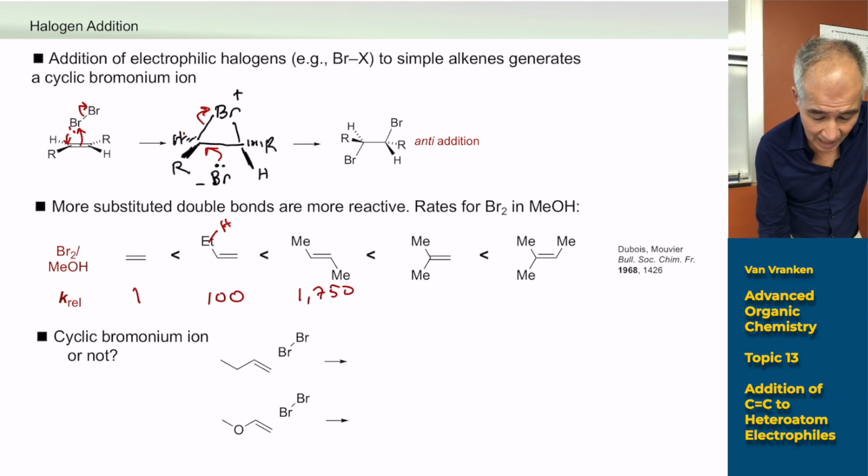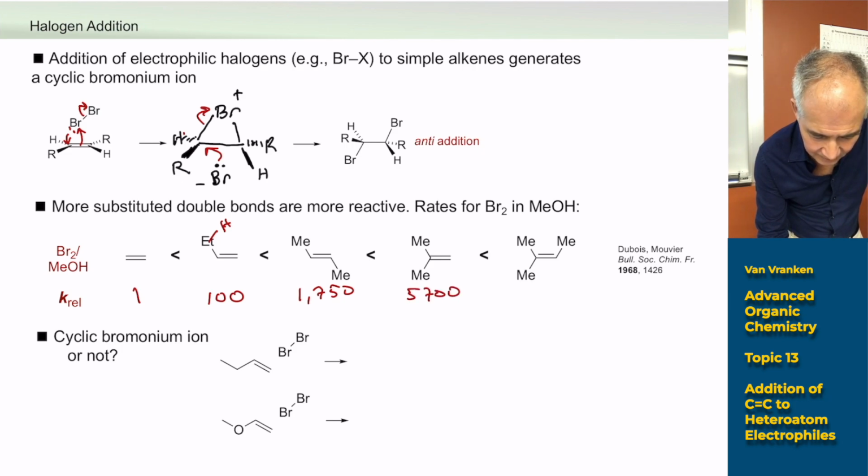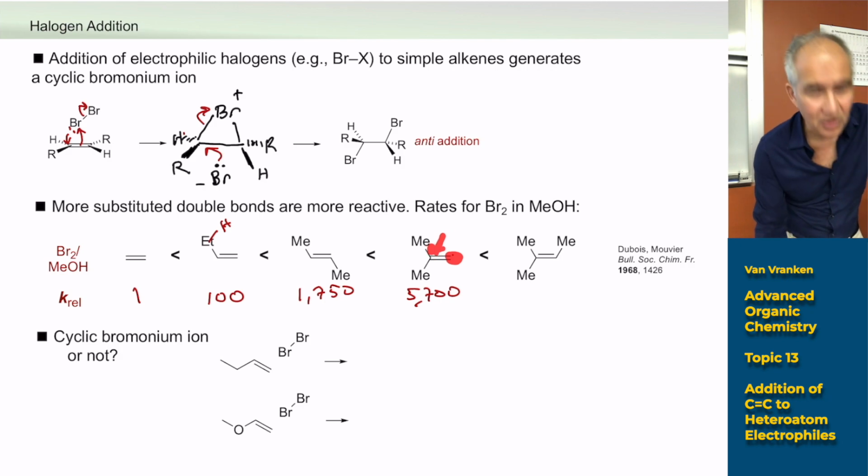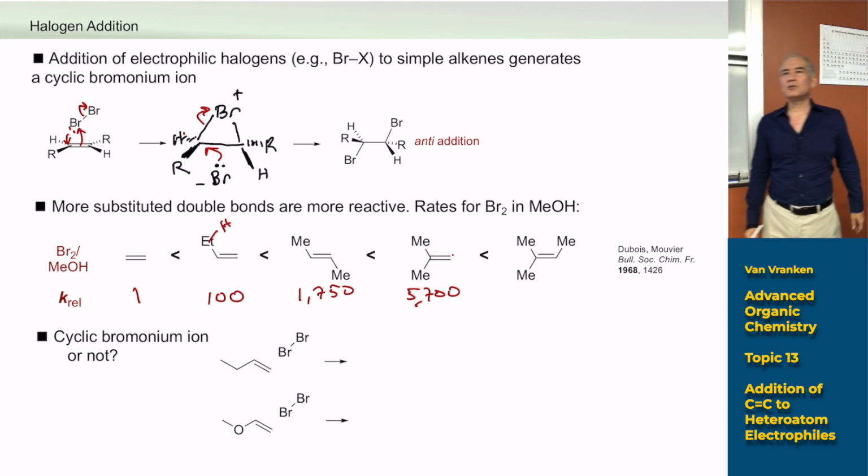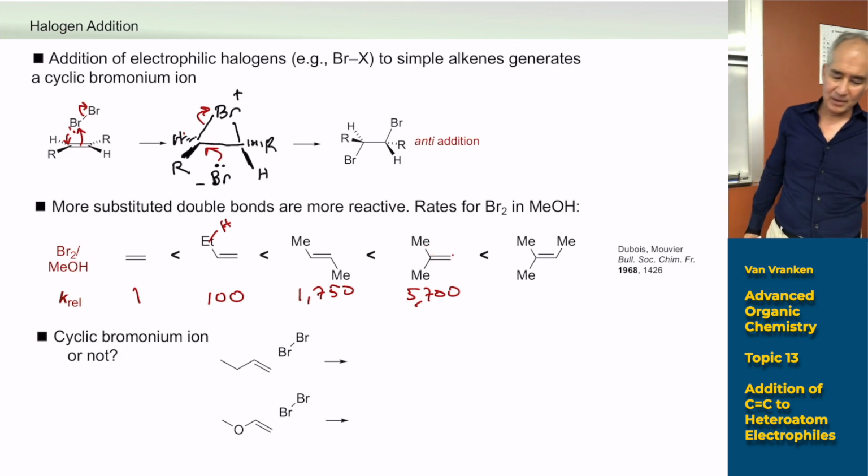And if I put the two alkyl groups on the same carbon atom, it's a pretty sizable increase. It's almost like, gee, if I added an electrophile right here, straight up, I would end up with a really stable carbocation over there. If you would like to think of product stability, that's not really the right way.